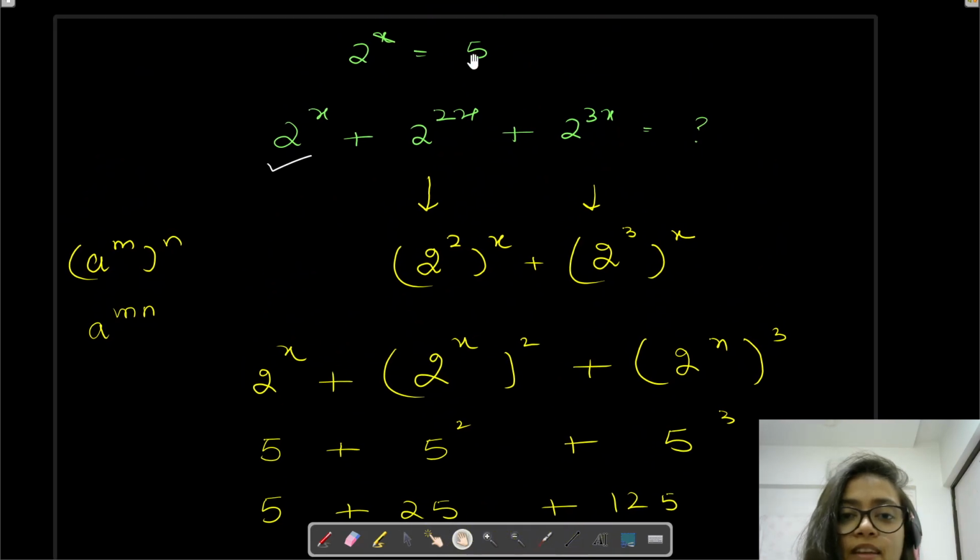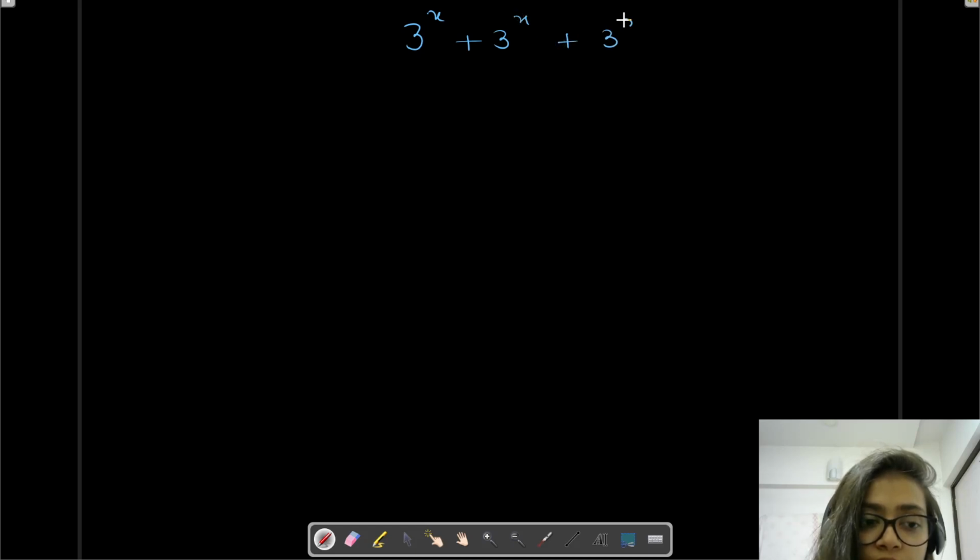Okay, let's do one more problem, and that will be the last problem. Okay, we have 3 raised to x plus 3 raised to x plus 3 raised to x. All of this is multiplied by 3 raised to x, and we have to find out which of the following is equivalent to the expression shown above.